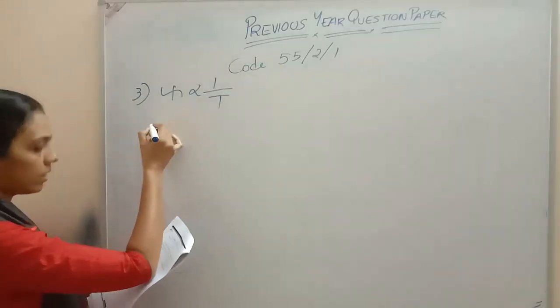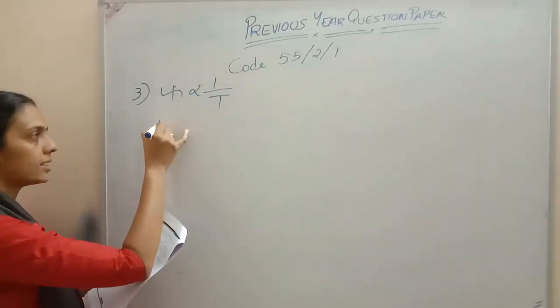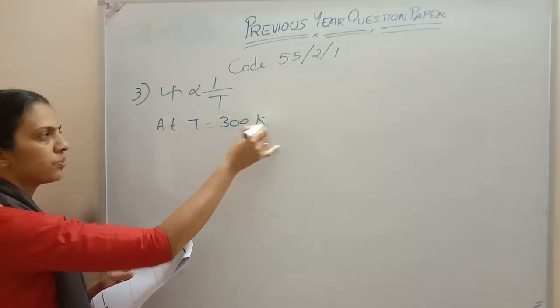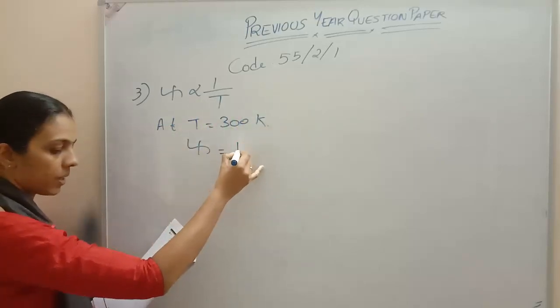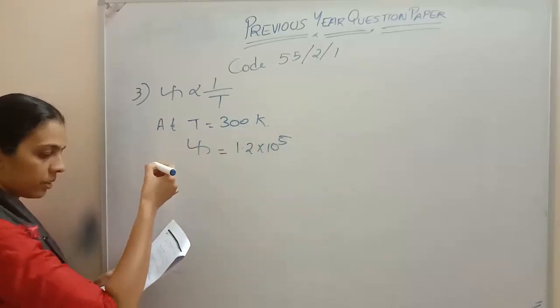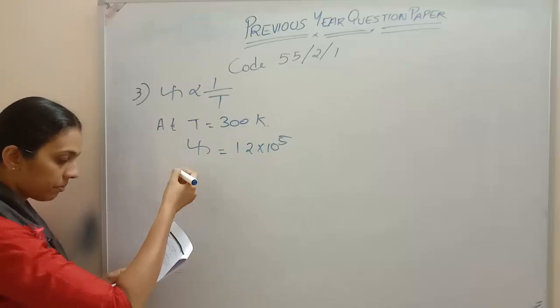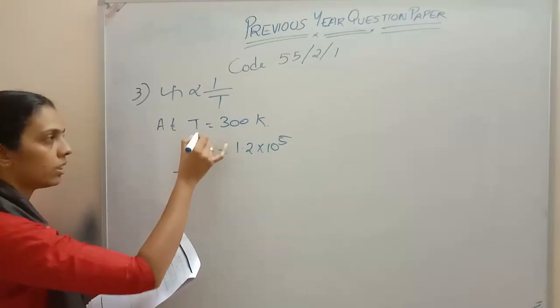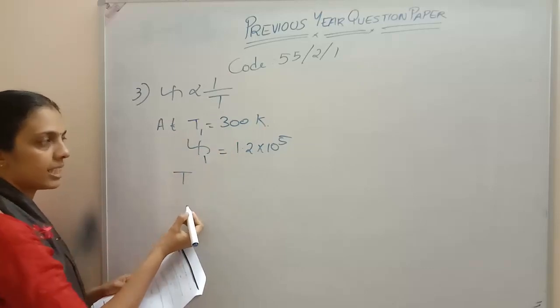Okay, so here third one, magnetic susceptibility is inversely proportional to absolute temperature for a paramagnetic substance. So here in this case, first one, at T equals 300 Kelvin, chi is given as 1.2 into 10 to the power 5. Then what will be the temperature? We should find out this one, I am giving it as T1, chi 1.